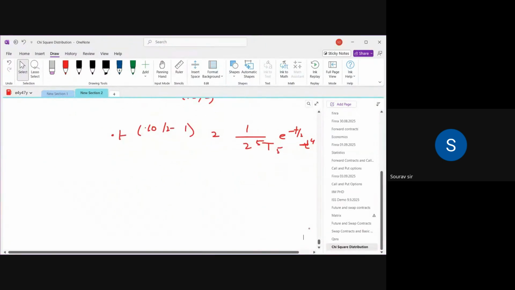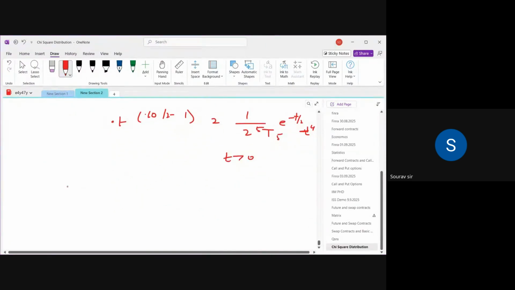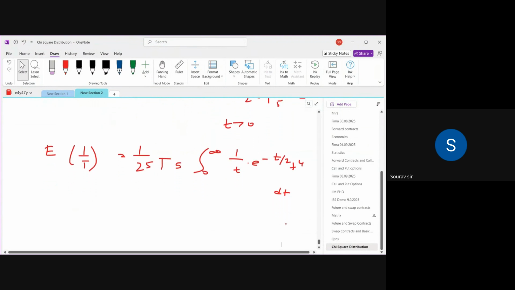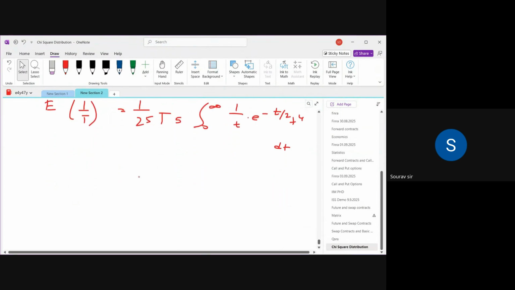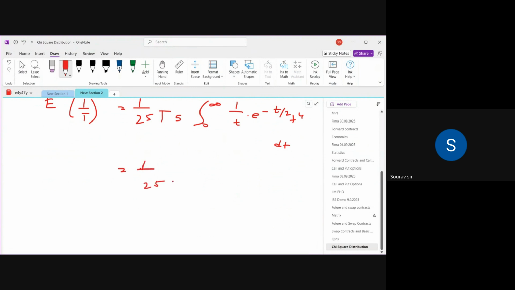So expectation of 1 by T is 1 by 2 to the power 5 gamma 5, integral from 0 to infinity of 1 by t, e to the power minus t by 2, t to the power 4 dt. So that is equal to 1 by 2 to the power 5 gamma 5, integral from 0 to infinity of e to the power minus t by 2, t cube dt.